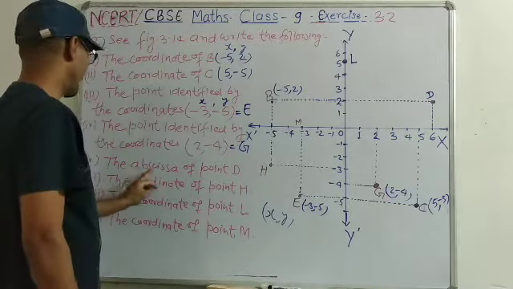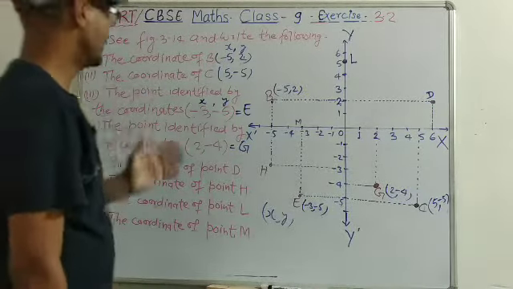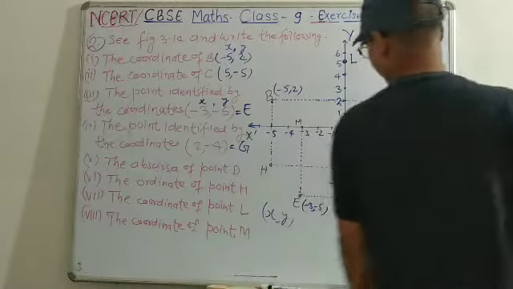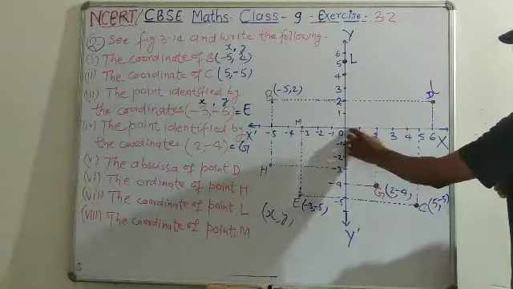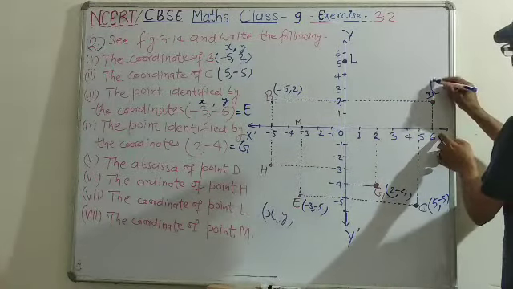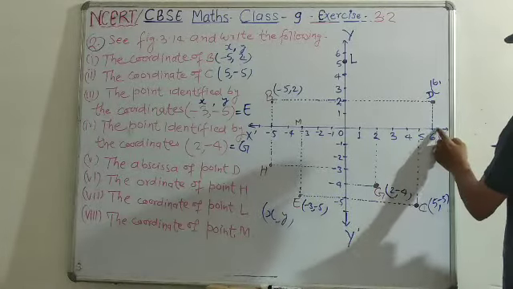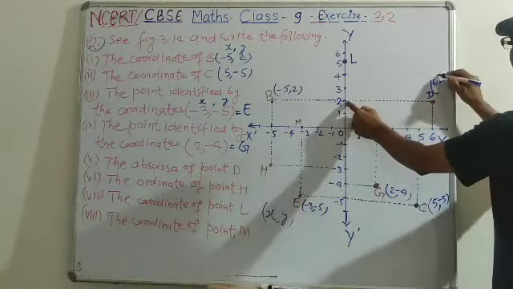Number 5, the abscissa of point D. First we see where is the D and search out the point D. On the x-axis, always we see first x-axis. On the x-axis it is 6, and on the y-axis along here 2.